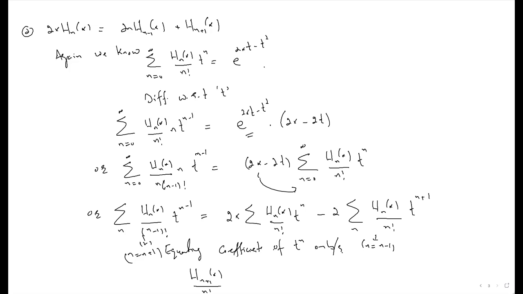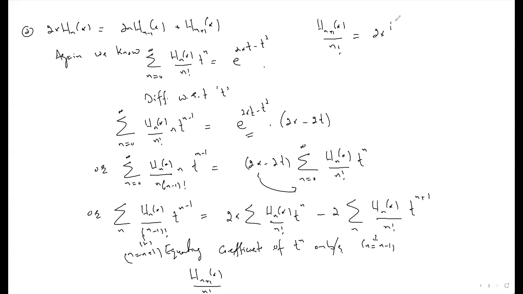Divided by n factorial. Let me write it here. This term, so I will write this as h n plus 1 of x divided by, instead of n minus 1, I will write n factorial, because n is equal to n plus 1, minus 1, n plus 1 will go. Fine. This is equal to twice x, coefficient.